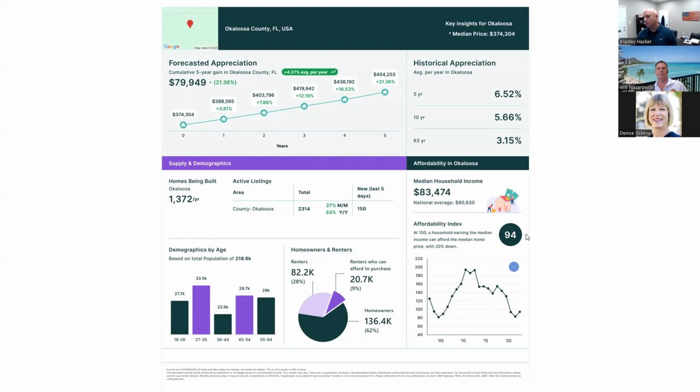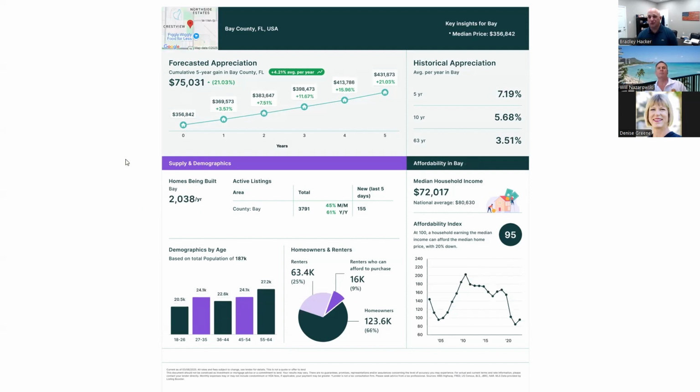Affordability quite a bit better in Okaloosa County right now compared to median household income than it is in Walton. So that's encouraging when we think about the opportunity for the first time home buyer in there. Good amount of active listings in the area. And then again, we're seeing, interestingly enough, purchasing age demographics in that 27 to 35 range in Okaloosa.